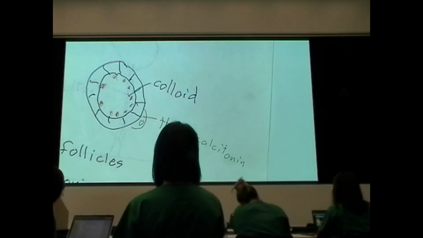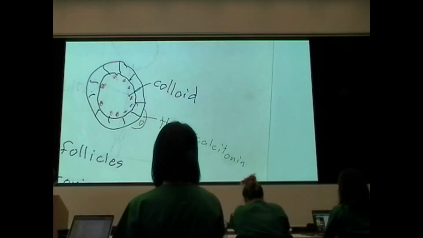And these cells will take some of the calcium out of the blood and add it to the bone to be stored so that it cannot interfere with physiological functions.